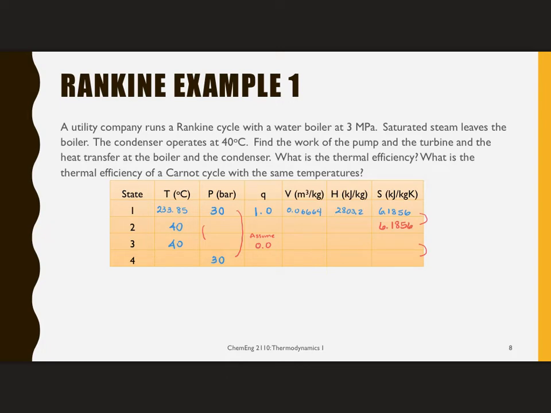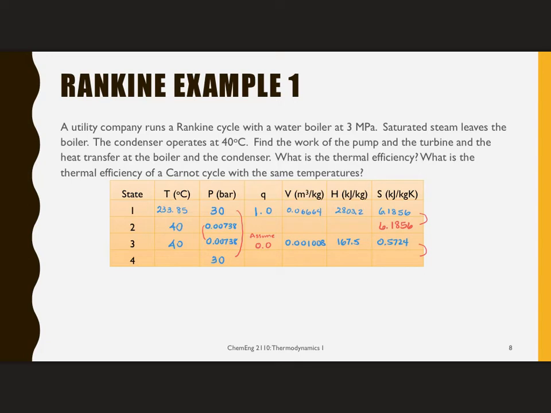I have the temperature and quality for state 3. And once I identify the information for states 2 and 3, I'll be ready to look at state 4. For state 3, this is easy to look up. It's saturated liquid. So I found the pressure, the volume, the enthalpy, and the entropy.